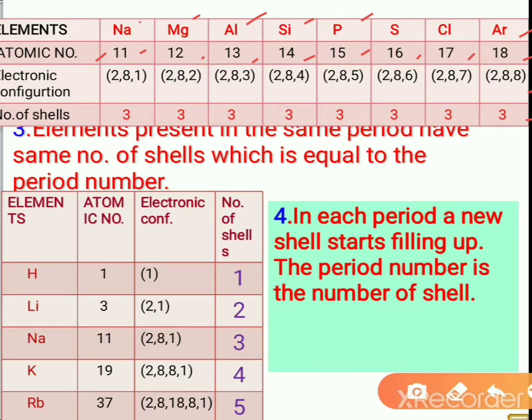And their electronic configuration. Electronic configuration of sodium, according to atomic number 11, in the KLMN shells is 2,8,1. Magnesium is 2,8,2, aluminium 2,8,3, silicon 2,8,4, phosphorus 2,8,5, sulfur 2,8,6, chlorine 2,8,7 and argon 2,8,8.